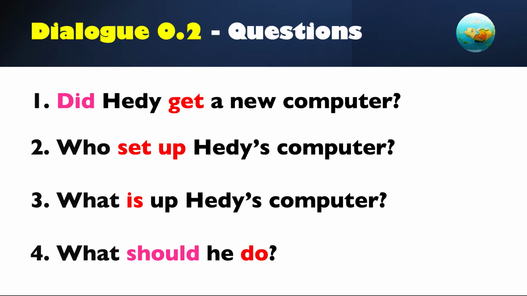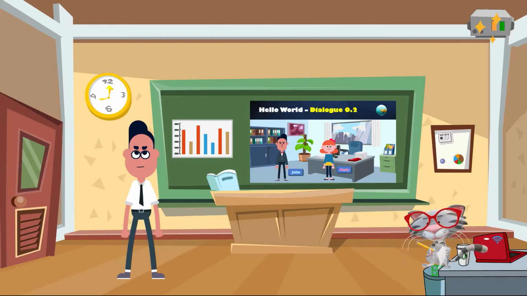What should he do? He should call the IT department. Good suggestion. Good advice. Okay, so if someone asks you what you should do, they're asking you for your advice.